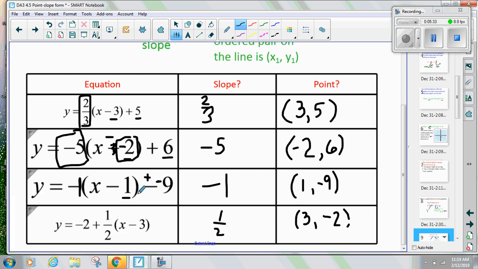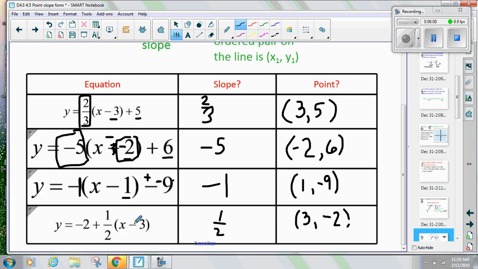Or you can think of it as this looks like a -1, so my x value is the opposite of that, so +1. And then over here, I have a -9, right? Or I can think of it as plus -9. So my y value is, in this case, -9. So when you do your y sub 1, it's going to be plus y sub 1. So if I have -9, that's the same as plus -9.